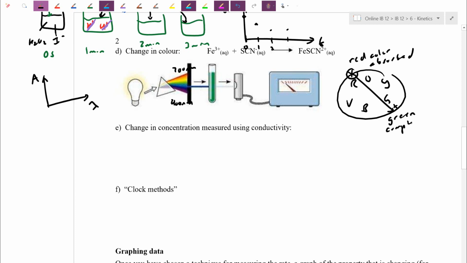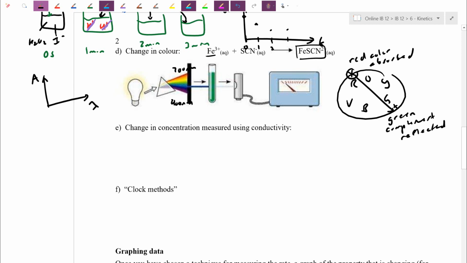So there's a red color that's absorbed, so that what we're seeing is our green color as a complement, green complement reflected. And if it's due to a transition metal ion, let's say, for example, iron. Iron is actually not green, but it may be a particular chemical that's giving you the coloration as the reaction occurs. In this reaction, I know that this FeSCN is a really, really deep red color.